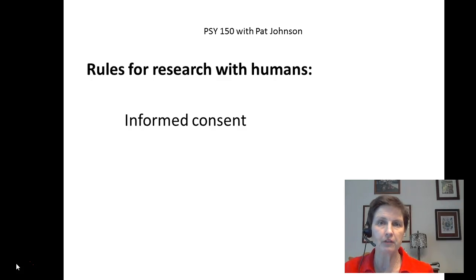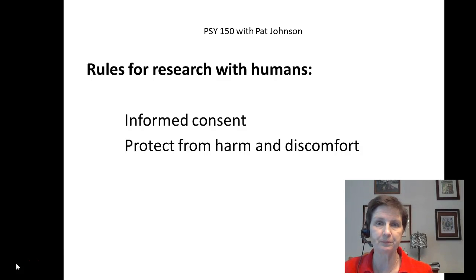You don't have to give away the whole research design, especially if part of the research design is to put the person in a situation that they don't expect. But you do need to give them the basics so they can make an informed decision. And another part of informed consent is that they can quit the research afterwards, or they can quit the research during the research whenever they want.